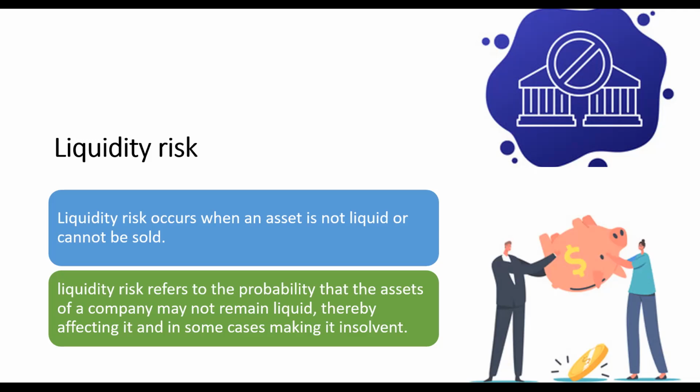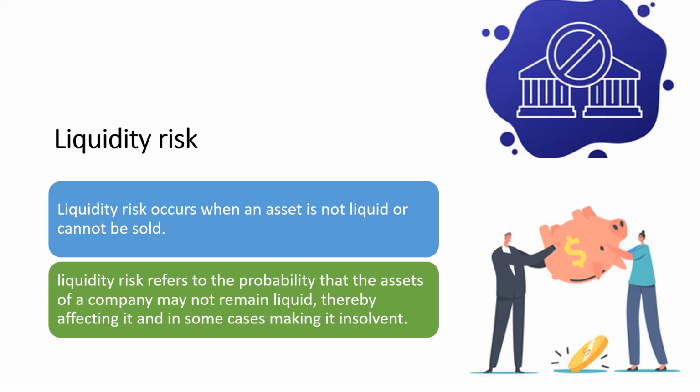That means it creates unexpected payments, and because of that, the risk arising is known as liquidity risk. And when you're not able to convert, or your liquidity ratio is low, it gives an indication that your company or organization is not performing well.